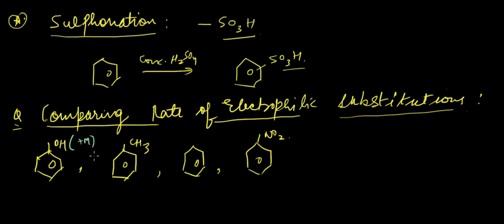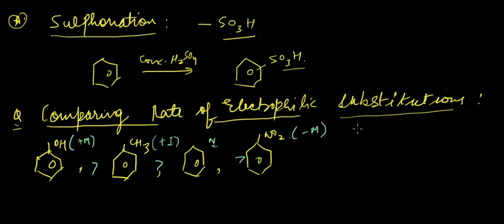This will increase the donation power of pi electrons to the electrophile. This is plus I, this is neutral, this is minus M. So the rate would be of this order.